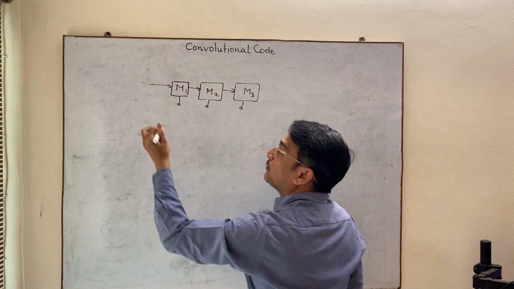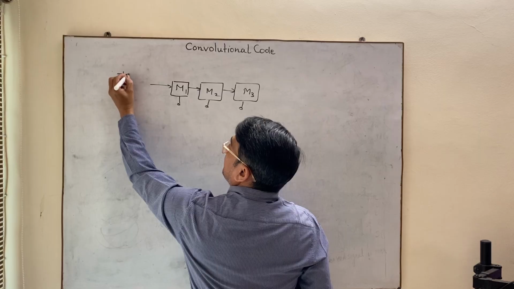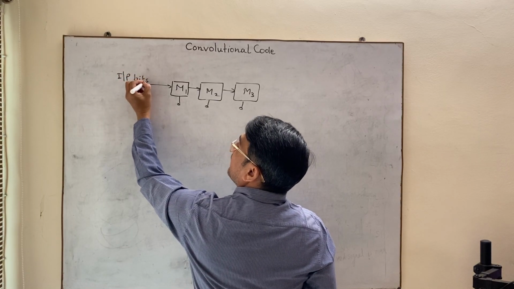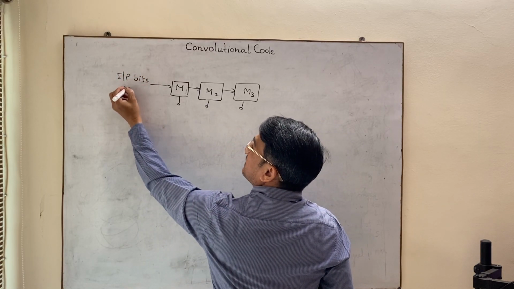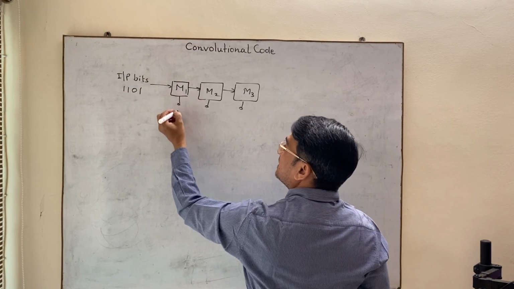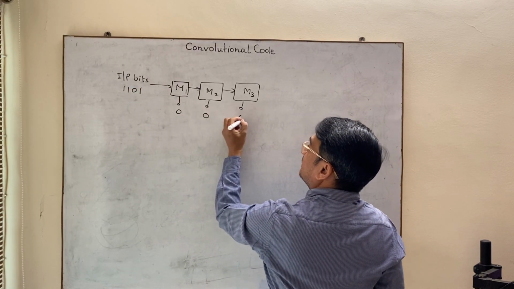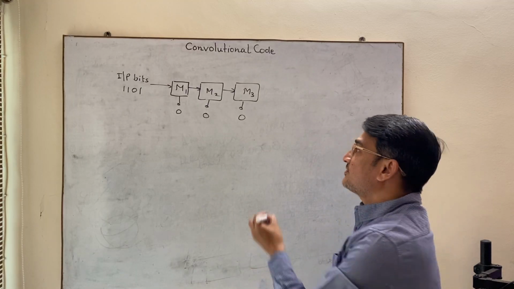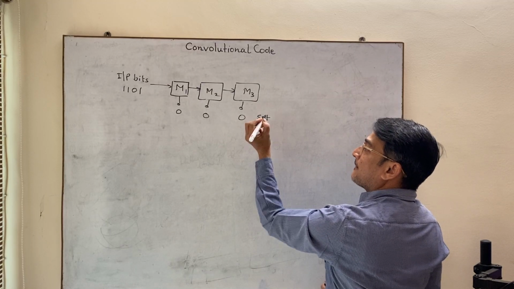Let us take any input bit stream. Input bits, it can be of any bit. Like suppose you are taking 1101 as the input data. So initially these flip-flops are set at 000. You can say this is set.